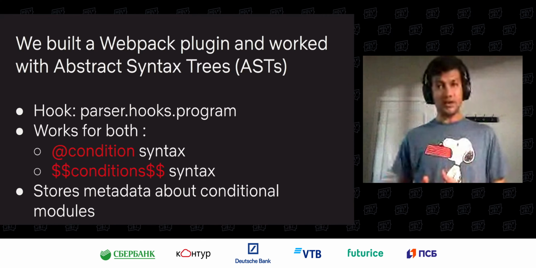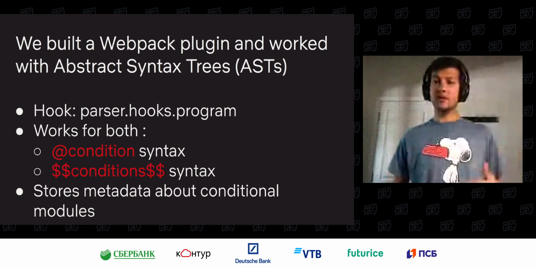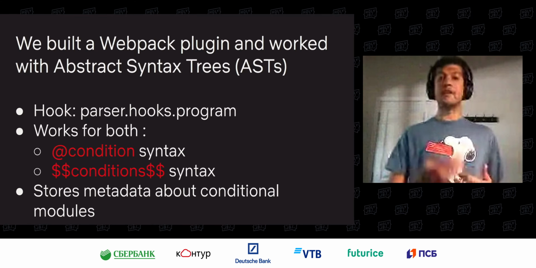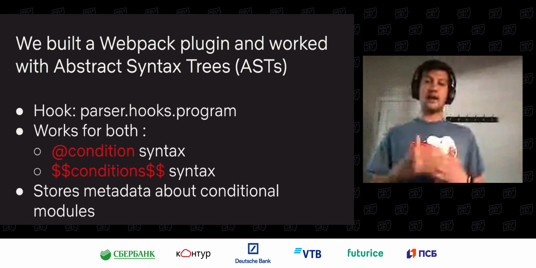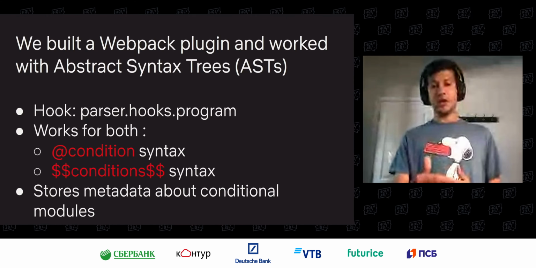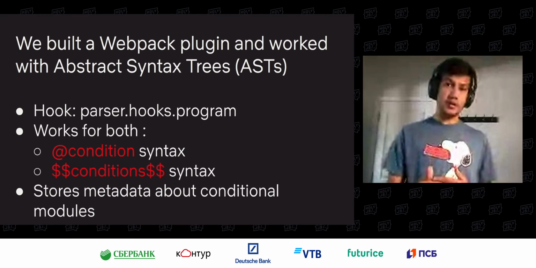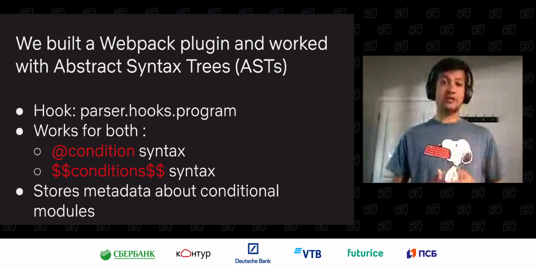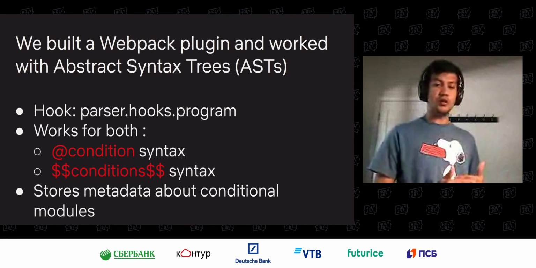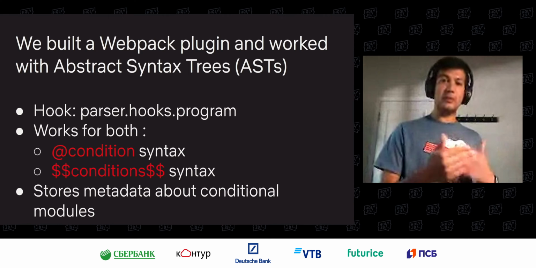What this hook does is, for any JavaScript file that it's reading, it gives you back the AST. And then in that syntax tree, we would just look for our special conditions, the @condition comment and the $condition syntax. As soon as we found these, we stored this information in the Webpack cache itself.